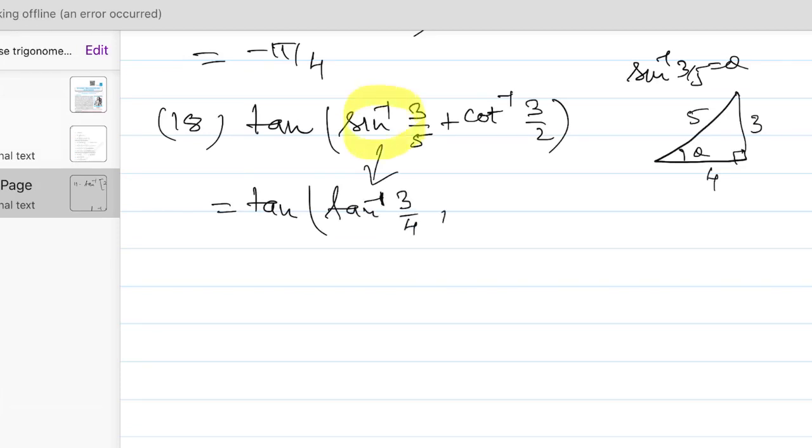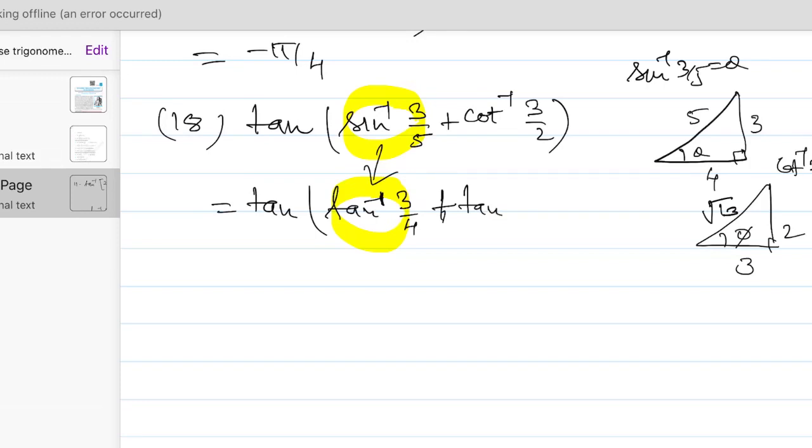Here we have written the same angle in the sine form, and here we have written the same angle in the tan form. Now, for the second part, if you take cot inverse 3 by 2 is equal to say phi, then angle phi will become base divided by perpendicular, 3 by 2. Now this will be tan inverse 2 by 3.